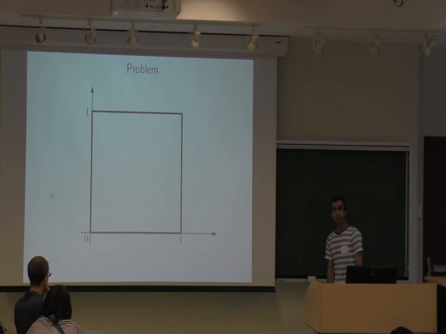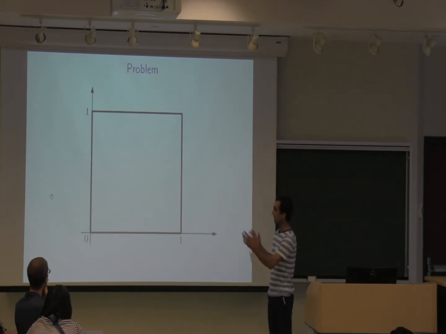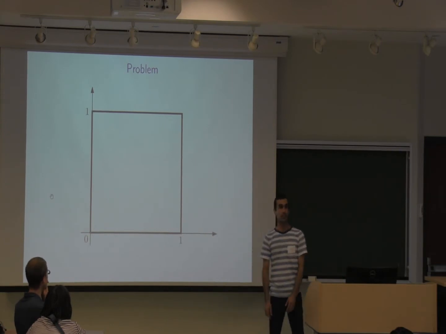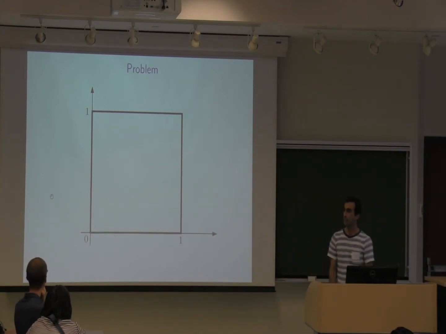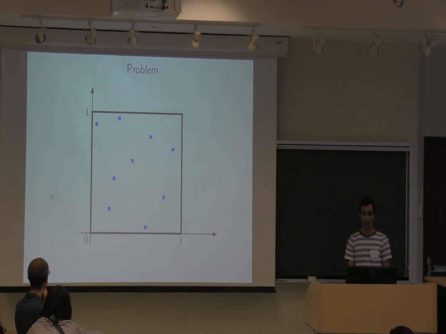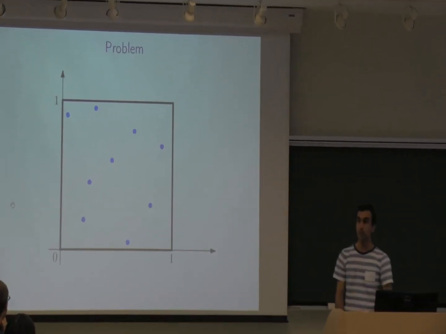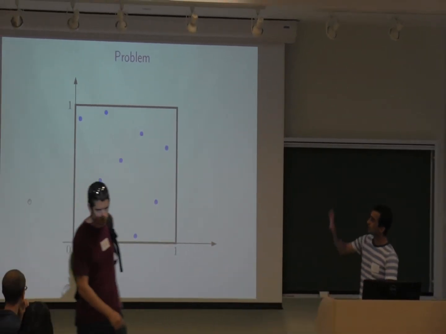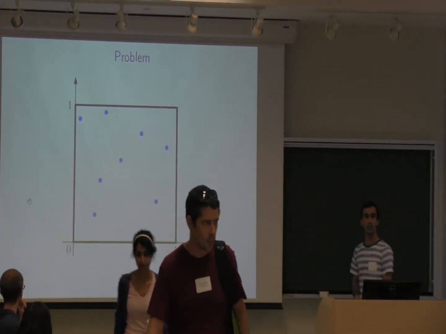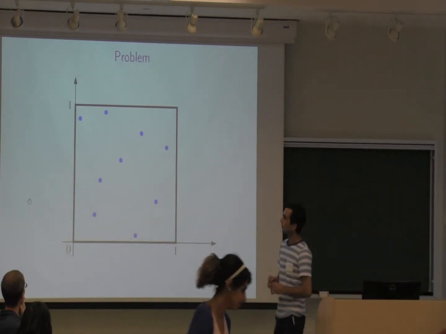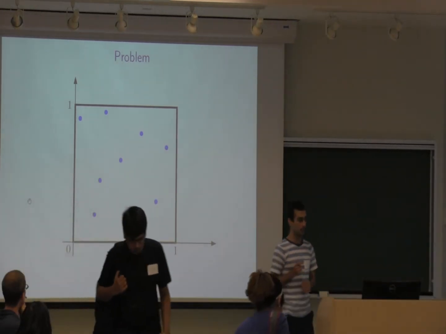So, what's the problem? We are given as input, let's say, a unit length square with n points inside this square, and what we want to do is cover this unit length square as much as we can with n-chord rectangles.